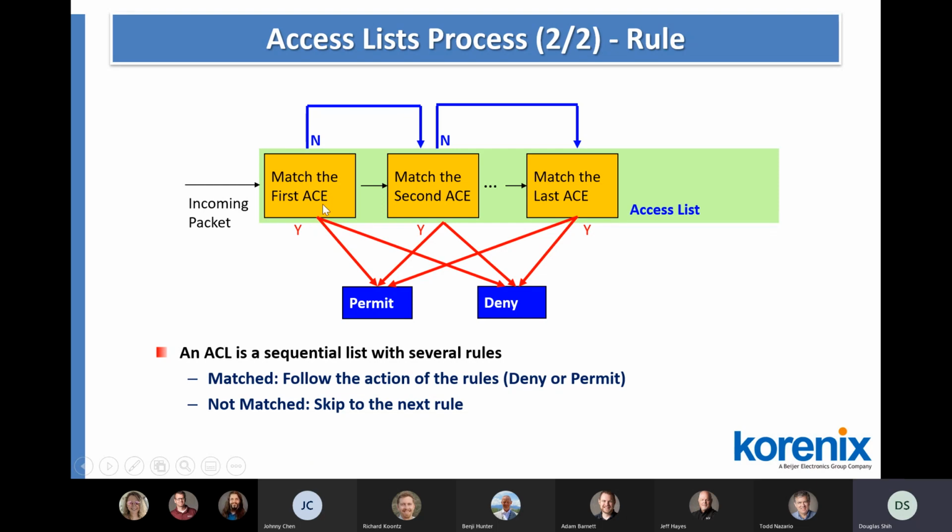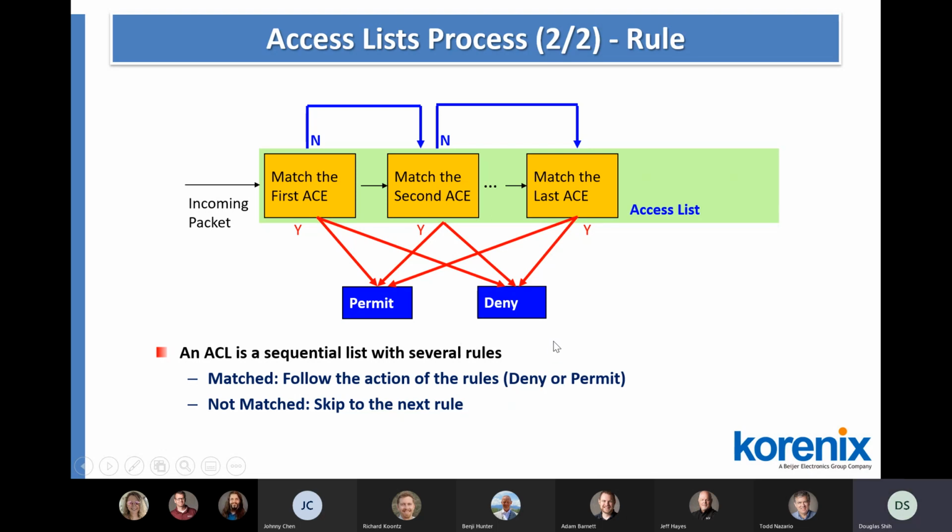So for this example, once the packet enters the switch, it will match the first access control entry. If it matches, it will, based on the settings, be permitted or denied. But if the traffic is not matched, it will go to the second, and based on that, check the action. And if that is still not matched, it will go to the next one until the last access control entry.